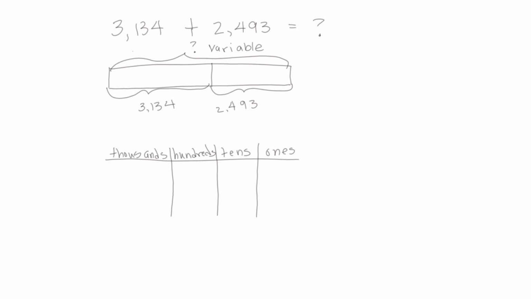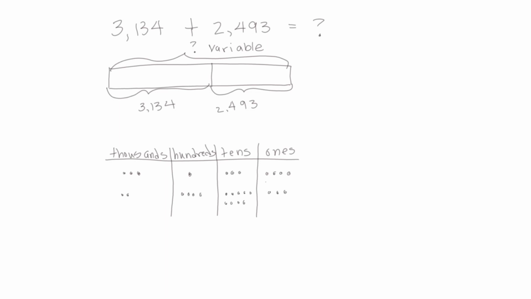And I'm going to show the first number that we're adding, the first addend, as 3 thousands, 1 hundred, 3 tens, and 4 ones. Then I'm going to show the second addend as 2 thousands, 4 hundreds, 9 tens, and 3 ones.